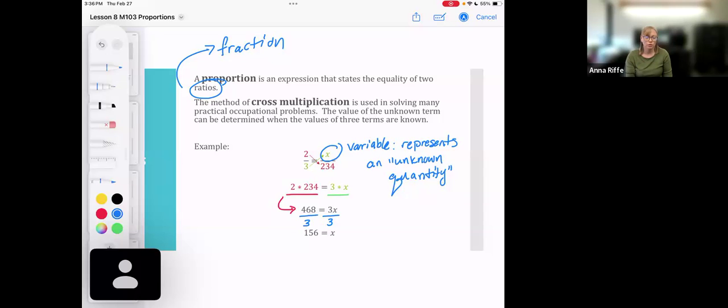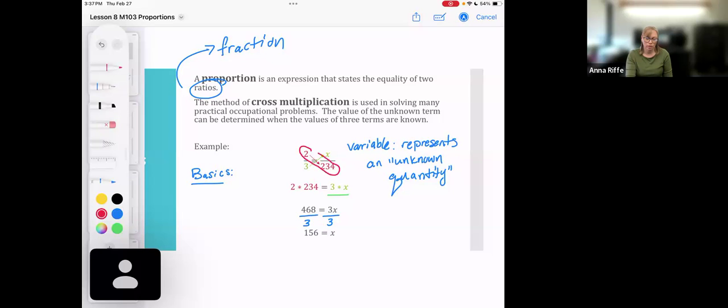If we want to solve for that variable using the proportion or cross multiplication, we kind of just walked through the process of how you can do it. The basics of that process are, we want to find the diagonal that has no variable involved. So let's see, there are two diagonals.